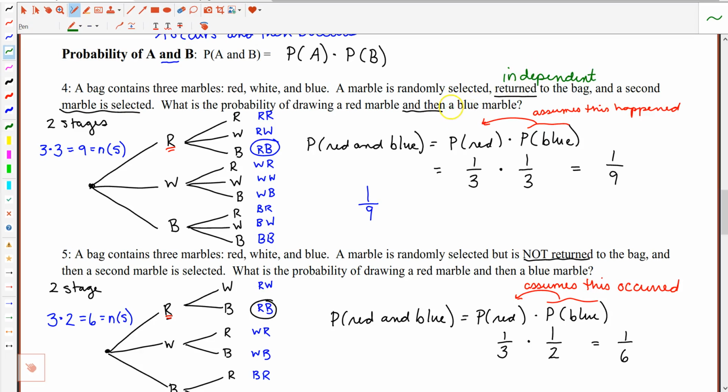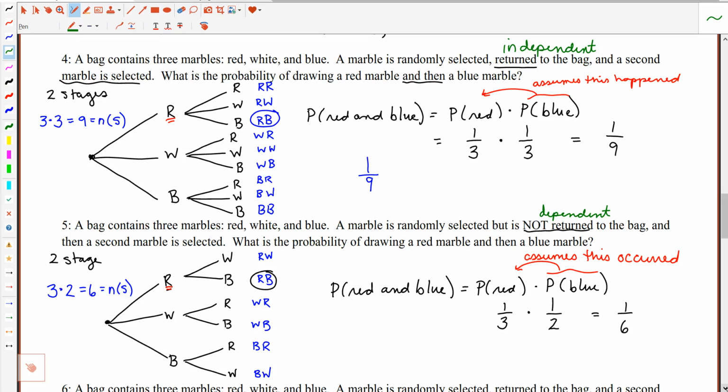On the second pull, it didn't matter what happened on the first pull, right? All three marbles are back in the bag and the experiment reset itself. It has no memory. It doesn't care what happened on the first pull. On this one, because the marbles were not returned to the bag, this is dependent. It really matters what happened on that first stage for us to consider what was possible on the second stage.